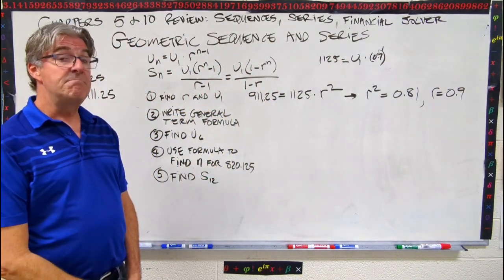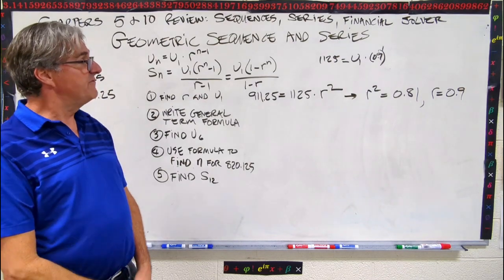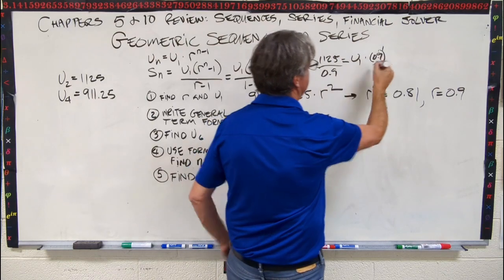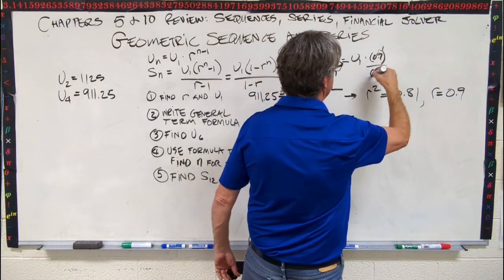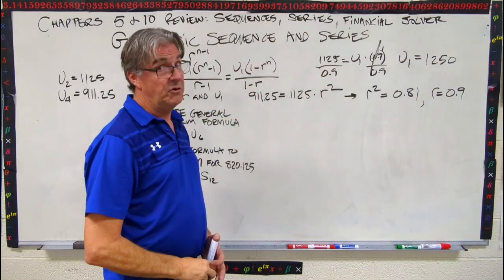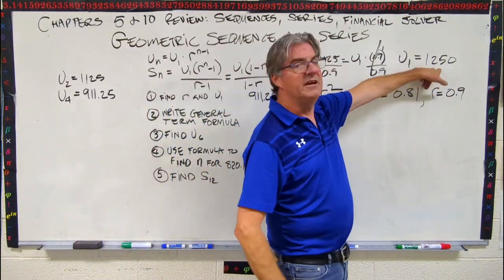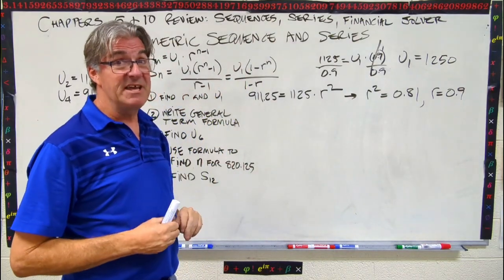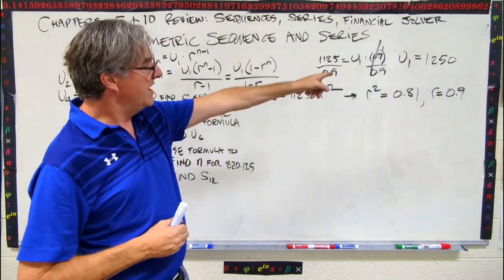So what we do now is we divide both sides by 0.9. That cancels these out, and we get U1 is going to equal whatever that is. So what I get is 1250 is my U1. Okay, so now I've found everything I need to write my nth term formula. I know my R and I know my U1.